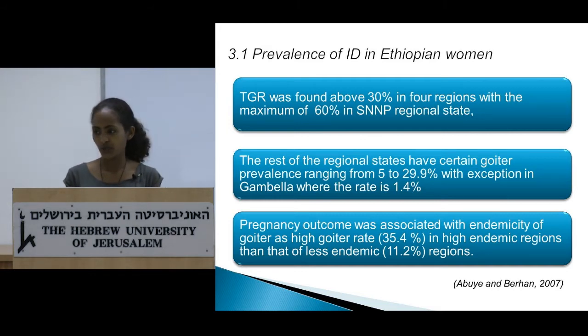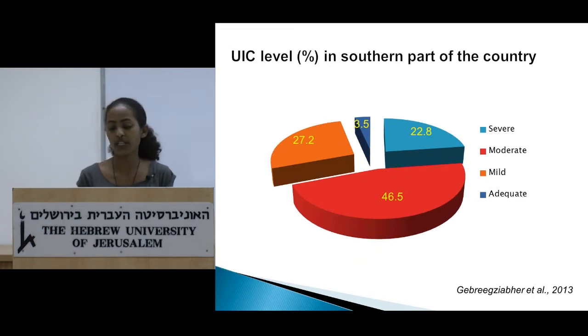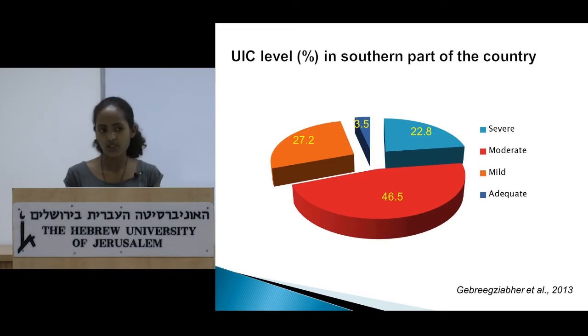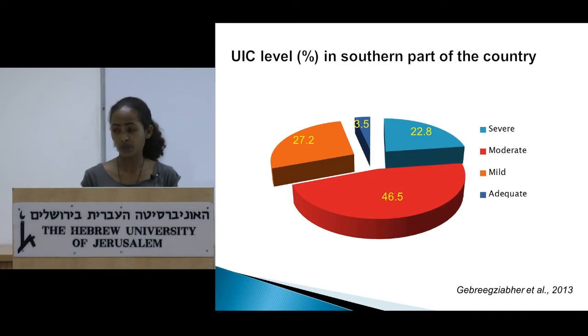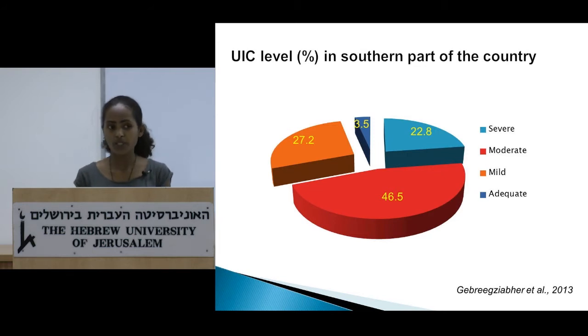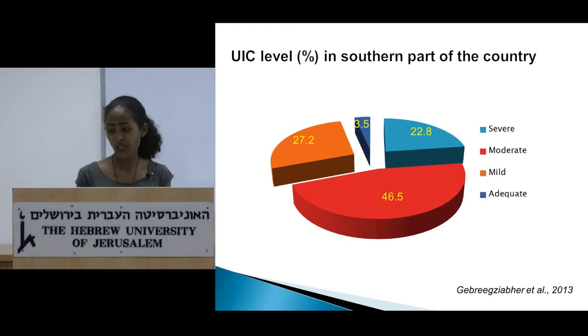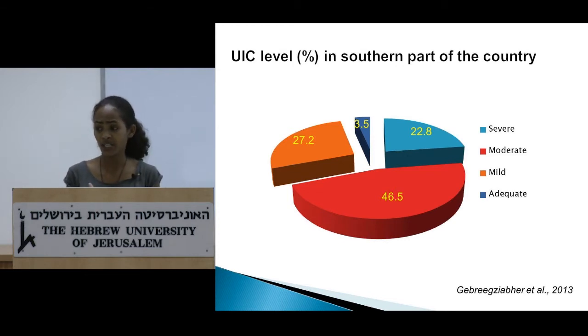Additionally, another very recent study, done specifically in the southern part of the country only, assessed urinary iodine concentration and total goiter rate in women living in the rural part of the state. According to the urinary iodine concentration, 46.5% of the women had a moderate iodine deficiency, and 22.8% had a severe iodine deficiency.